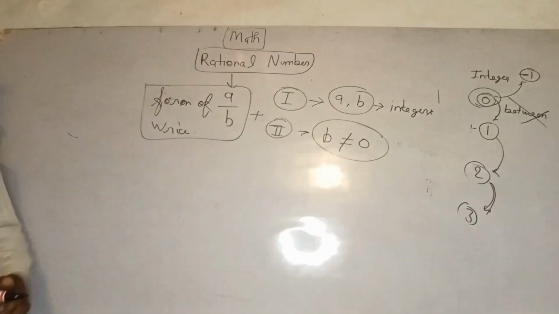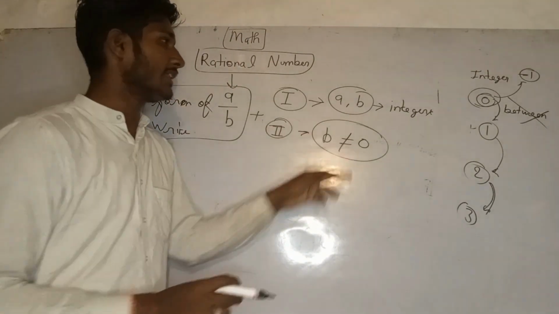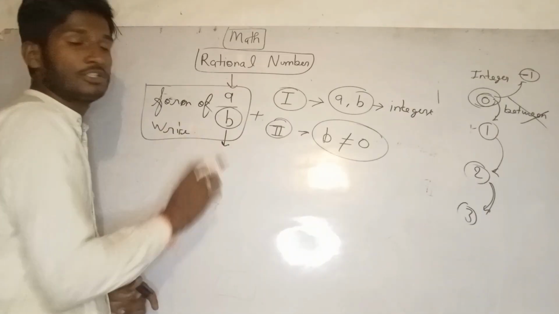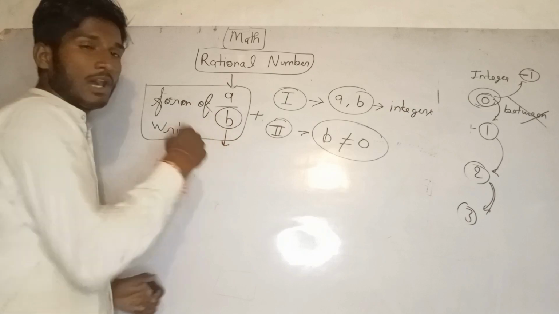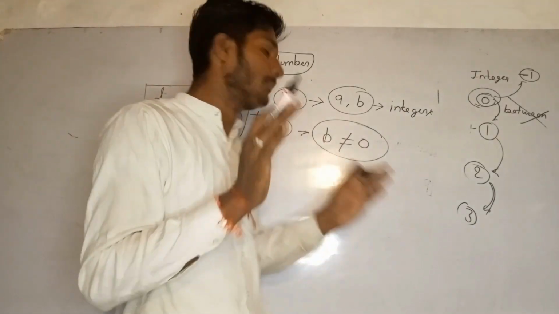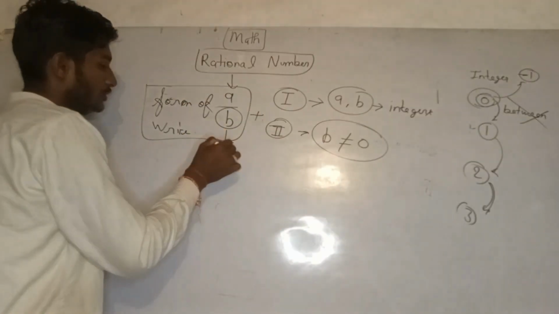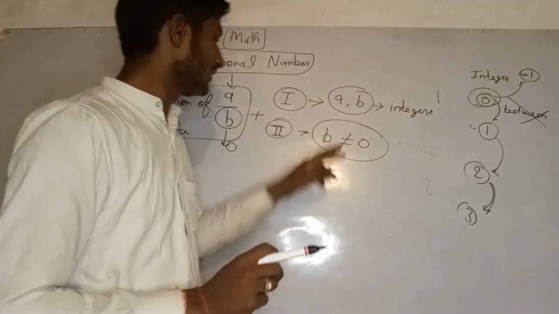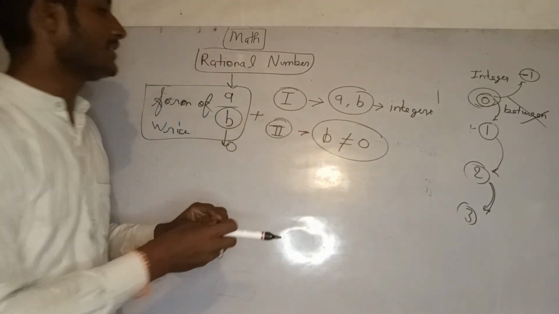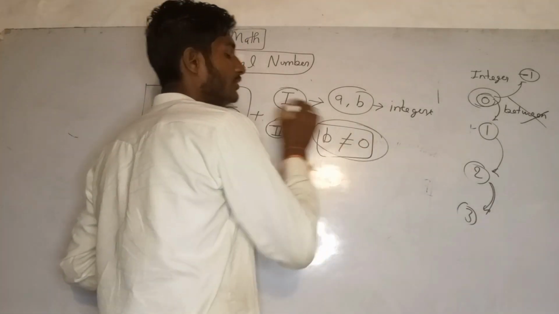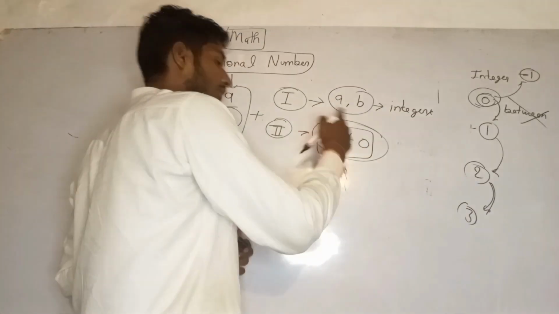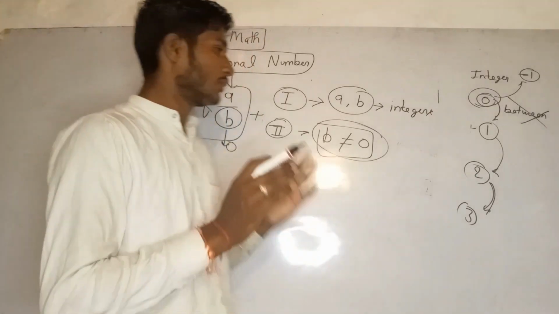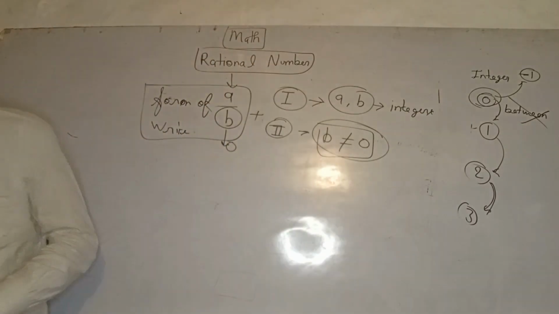B not equal to 0 means the lower digit is not 0. It can be anything but 0. So first condition, a and b are integers, and second condition, b is never 0. If b is 0, then it is not a rational number. So you understand this completely.